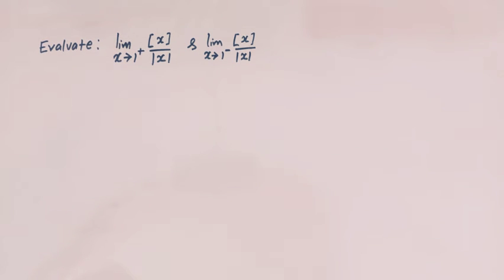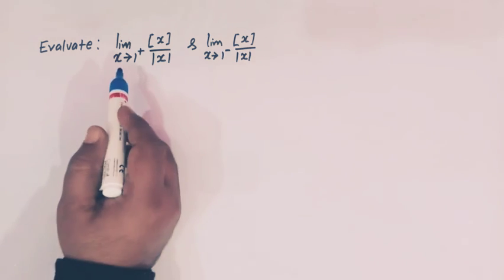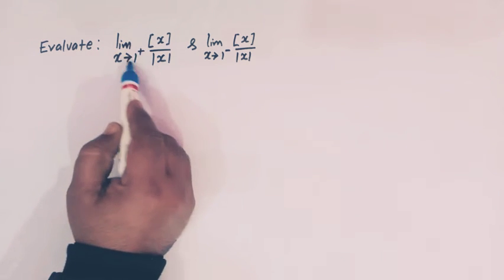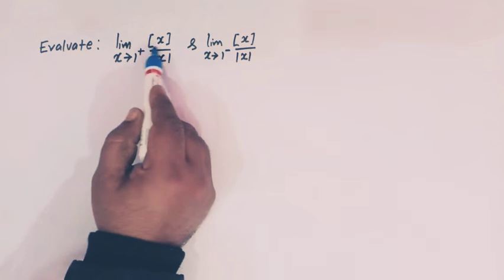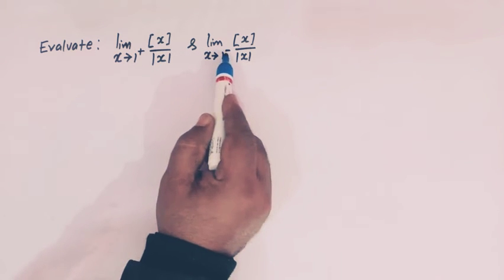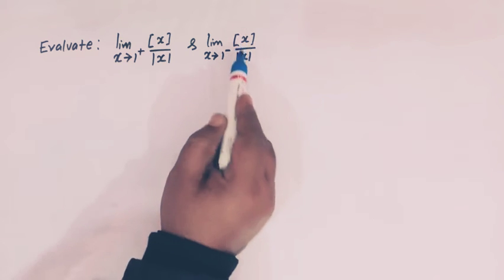Hello viewers, in today's class we are going to find out one important limit involving the greatest integer function and the absolute value function. Here we have to find the right hand limit of this function, and here we have to find the left hand limit of this function.